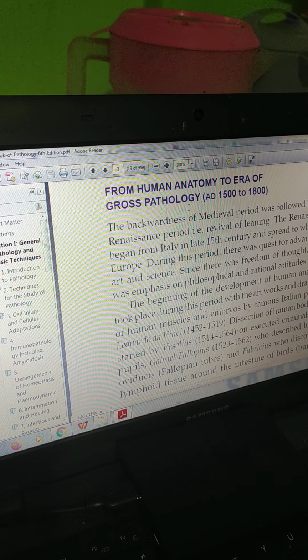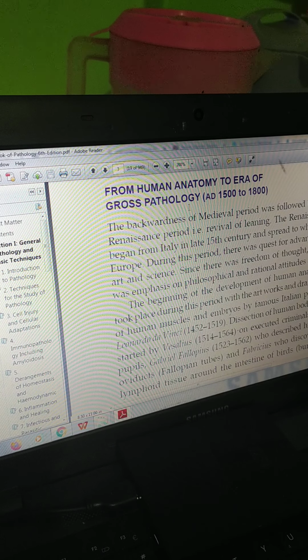The beginning of the study of the human body took place during this period with the artworks, drawings of human muscles and embryos by the famous Italian painter Leonardo da Vinci, 1450 to 1519.